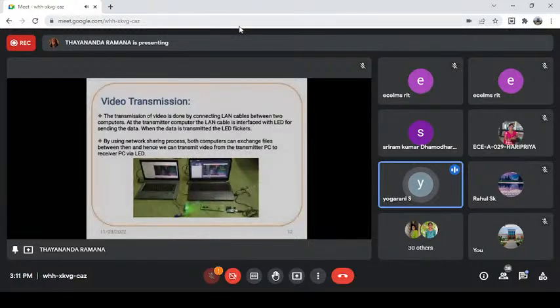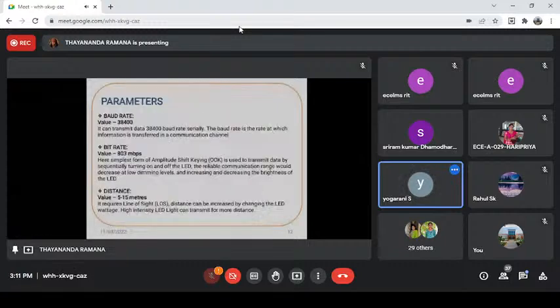It is given to the channel, and the channel receives the signal, demodulates it, and gives it to the LAN cable. On the receiver side, it receives the signal and gives output in the video output, which is another computer or laptop, maybe a PC. That's all the implementation. Next, our teammate Dayananda Ramana will continue with the parameters.